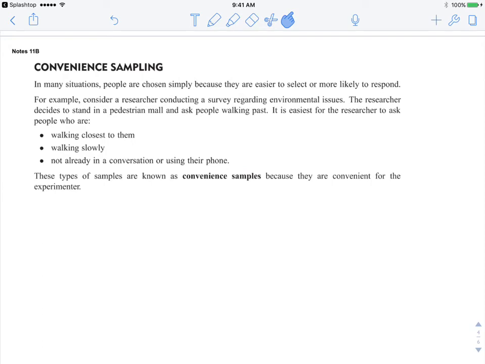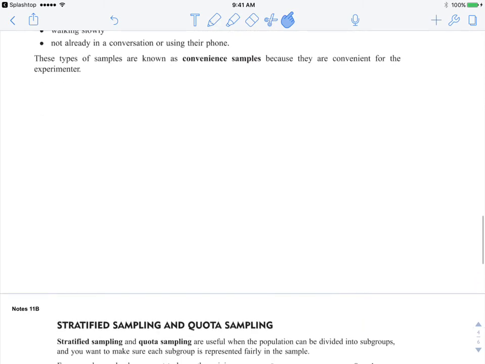It's easiest for the researcher to ask people who are walking close to them, walking slowly, not already in a conversation or using the phone. These types of samples are known as convenience samples because they're convenient for the experimenter who's collecting the data.